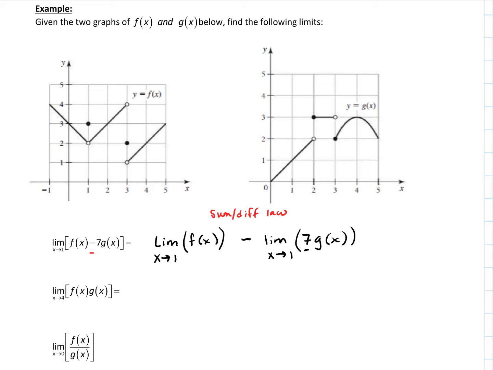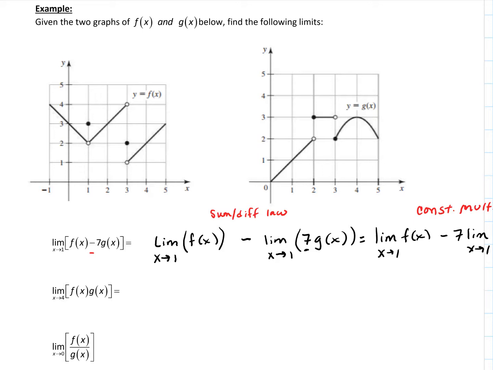So this constant multiple can come out, and I can say this is the limit of f of x as x approaches 1 minus 7 times the limit of g of x as x approaches 1. So right there, I'm applying the constant multiple law. Only for these first couple are we going to justify each of these, but we've got to get used to using these laws and understanding that it's mathematically valid to apply the laws in this way.